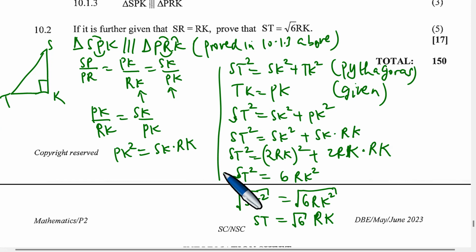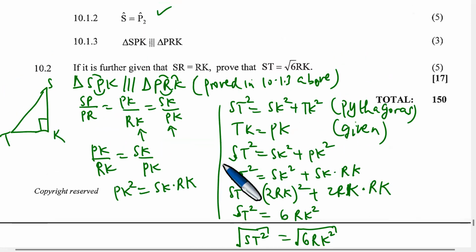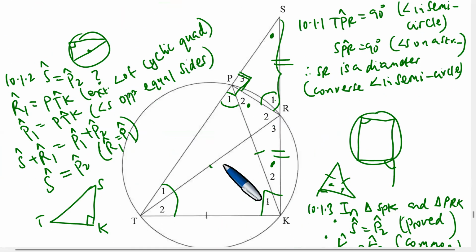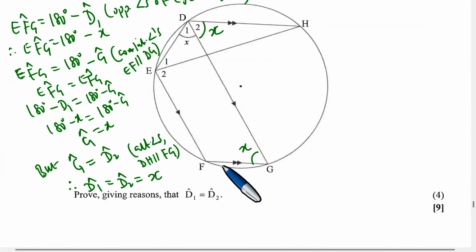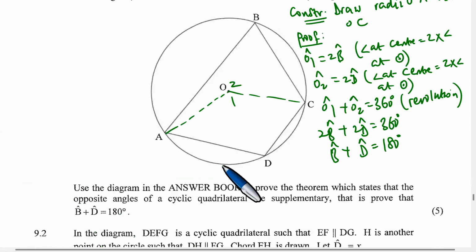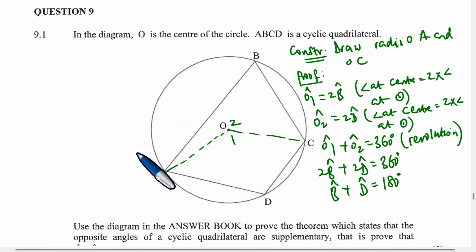If it's not the opposite angles of a cyclic quad are supplementary, they can ask you to prove the tangent theorem.